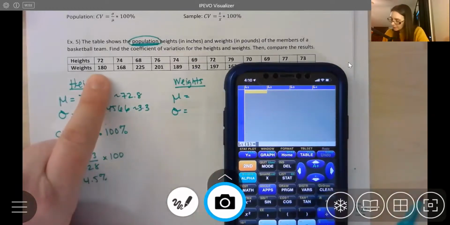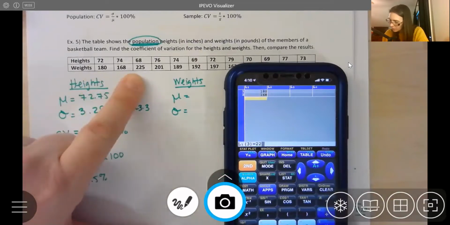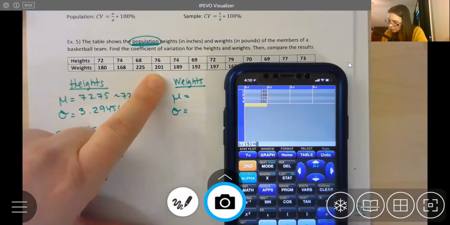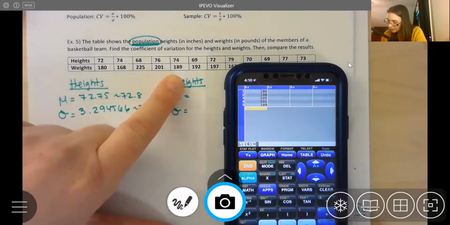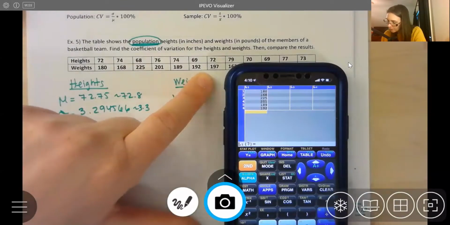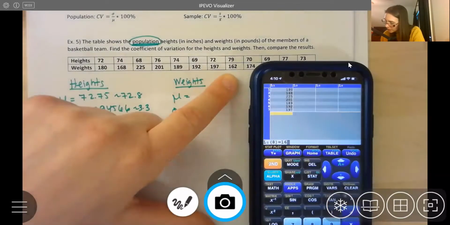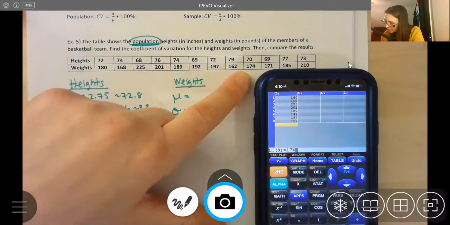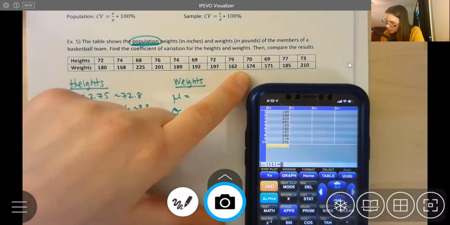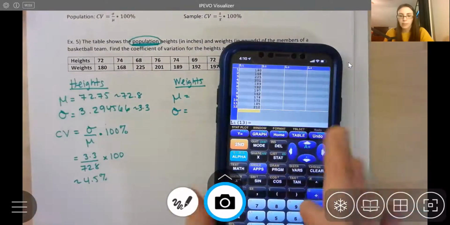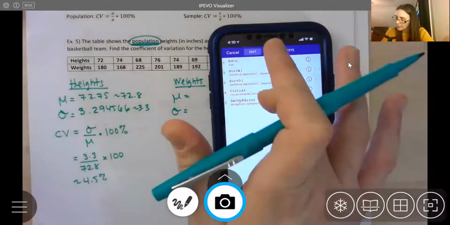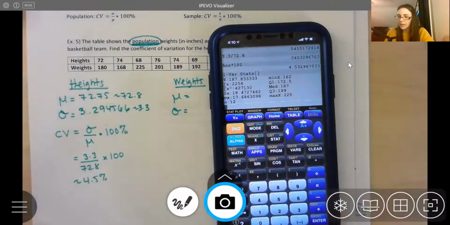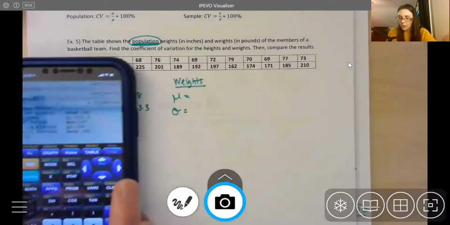So now I'm going to do my weights: 180, 168, 225, 201, 189, 172, 192, 197, 162, 174, 171, 185, 210. And I'm going to follow that same process: stat, calc, 1-Var Stats. And I have my weights.